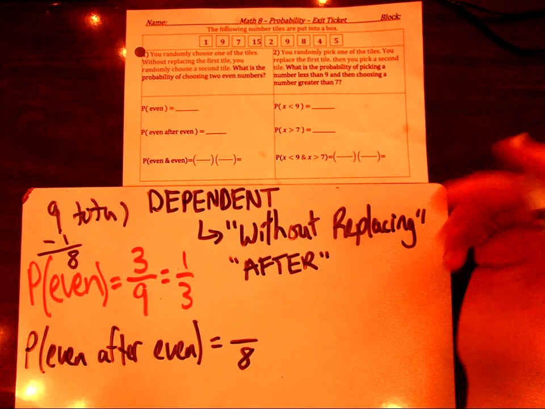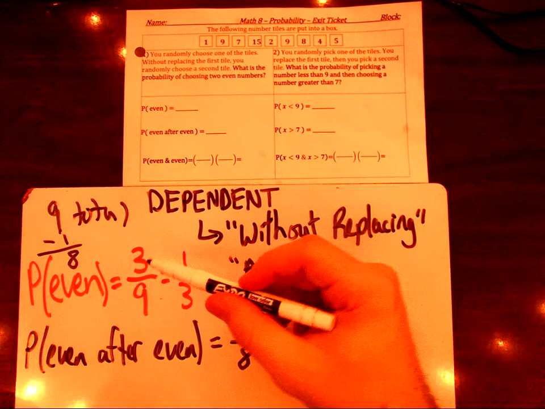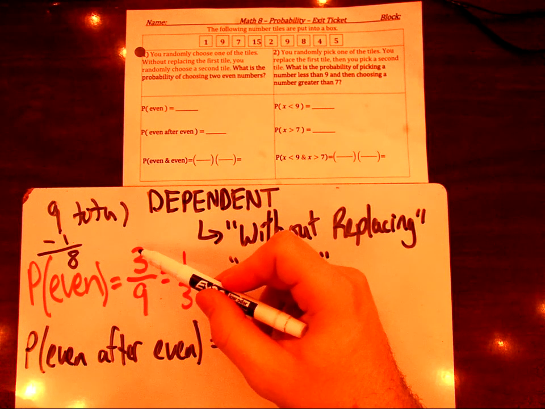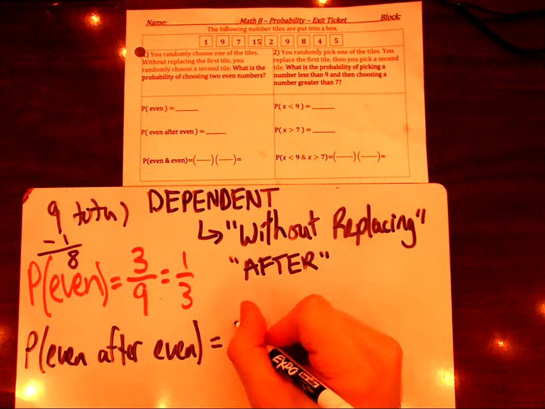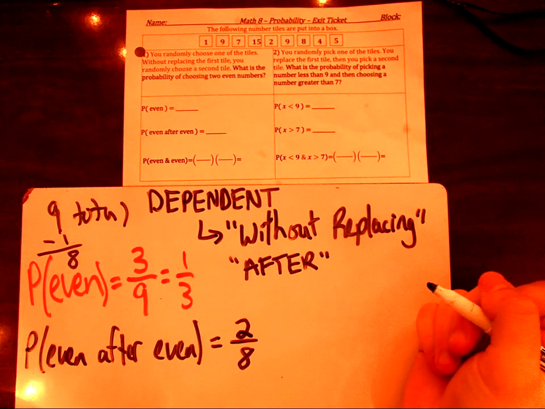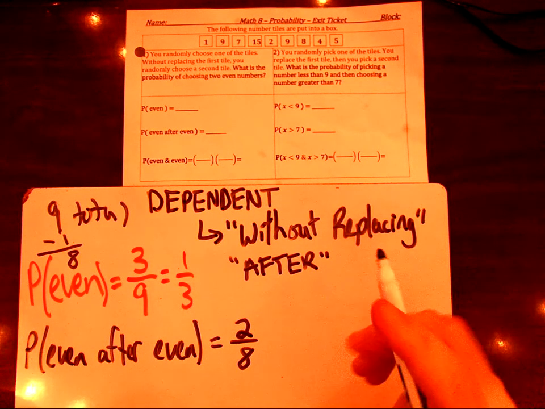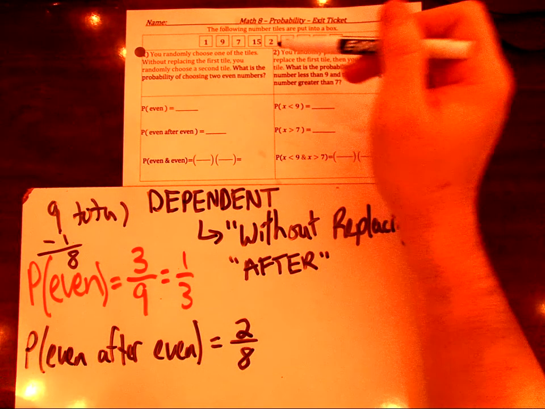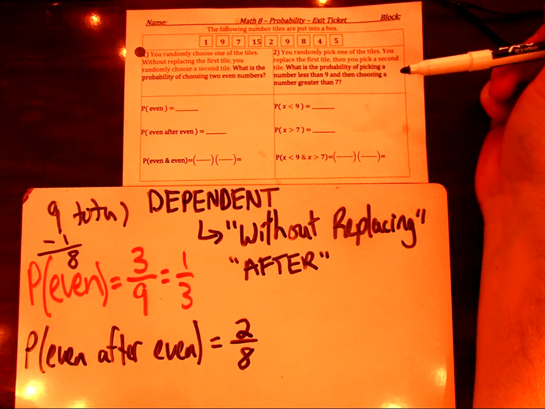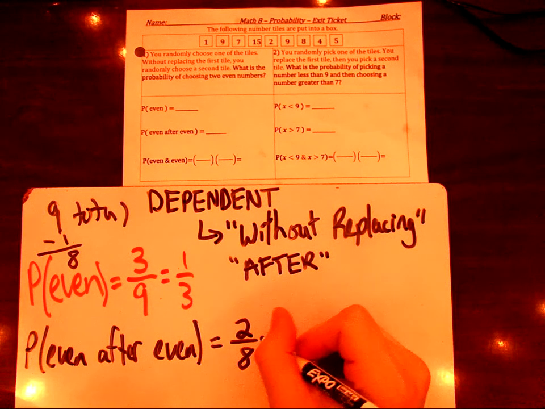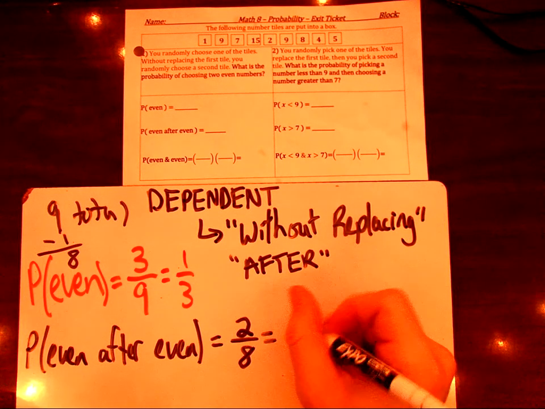How many even are there? If we took 1 away from 3, there would only be 2 even tiles left. Again, make sure if you need to, you can cross them out. You can actually draw little numbers on a piece of paper to visualize that for yourself. Again, we can simplify this fraction. It's going to be 1/4.